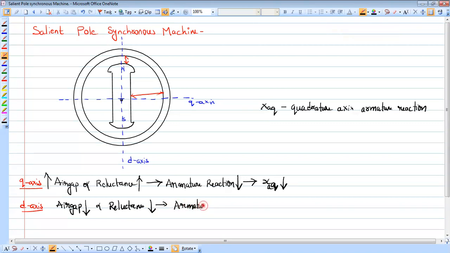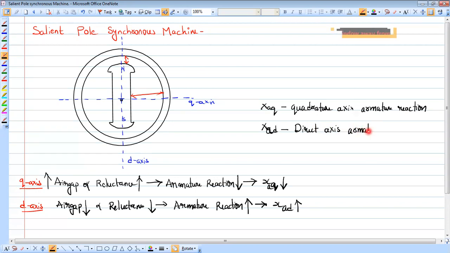Due to the small air gap, this armature flux can easily travel through the air gap and affect the main field flux. So it will increase. Along the direct axis, I am representing my armature reaction reactance with XAD, where XAD is the direct axis armature reaction reactance.